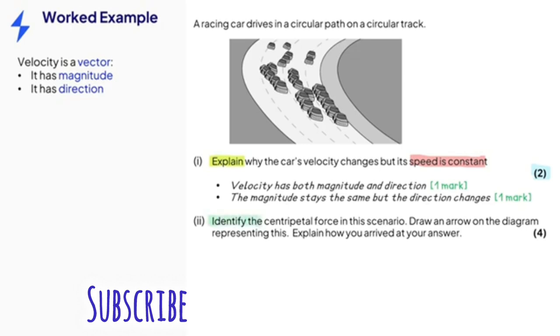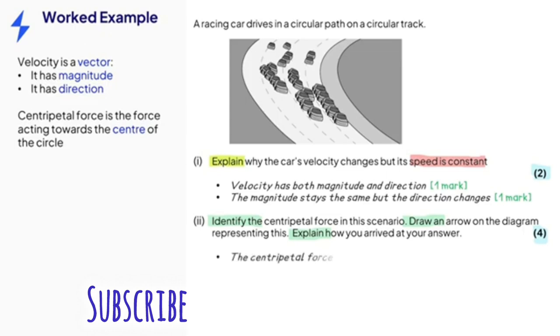Next, we need to identify the centripetal force in this scenario. We are asked to draw an arrow on the diagram representing centripetal force. Then, we must explain how we arrived at our answer, all for 4 marks. Remember that centripetal force is the one causing acceleration towards the circle's center. In this case, it's friction on the tires causing this, which is our first mark.